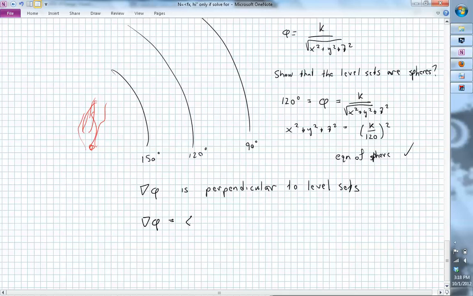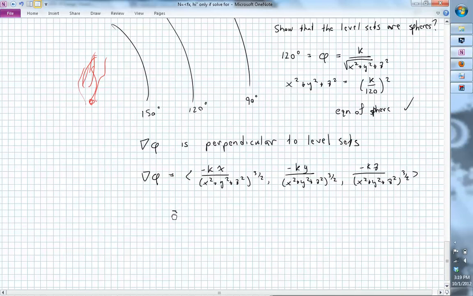The gradient of phi is the partial of phi with respect to x, comma, the partial of phi with respect to y, etc. And I'll just do this out and I'll explain it in a sec. And I'm even going to go one step further, and I'm going to pull out this common factor. I'm going to leave the minus sign in, actually.